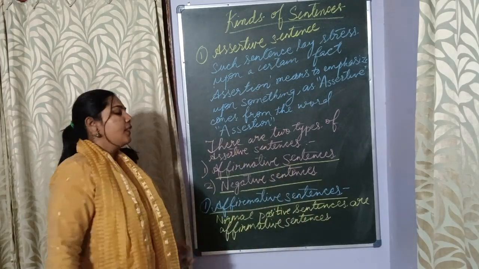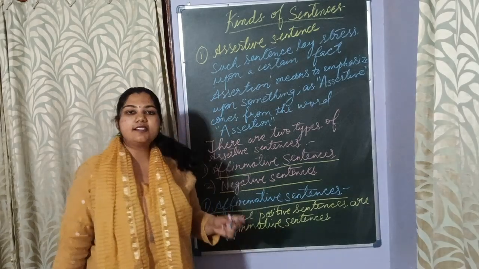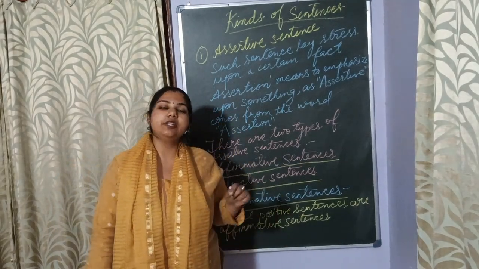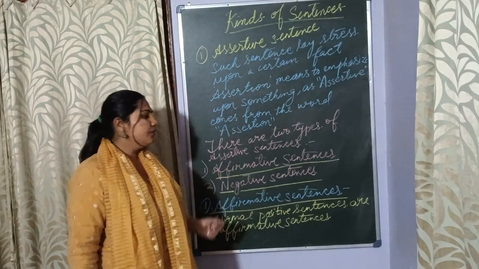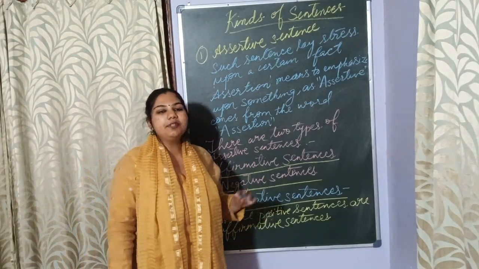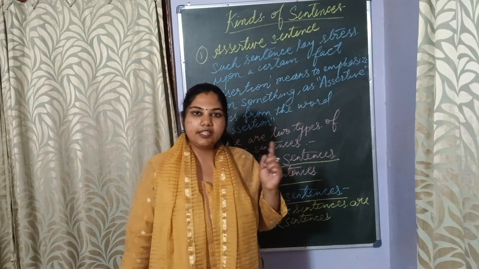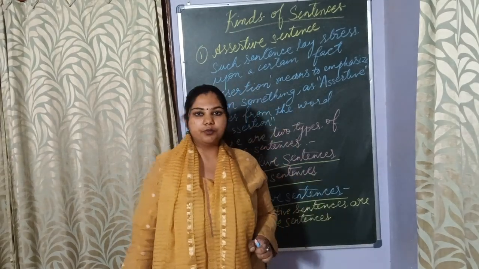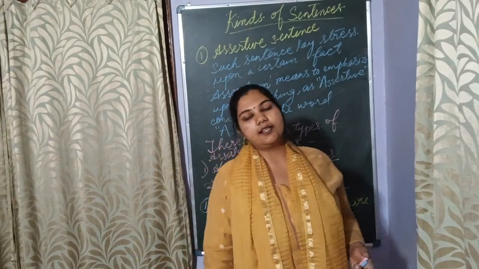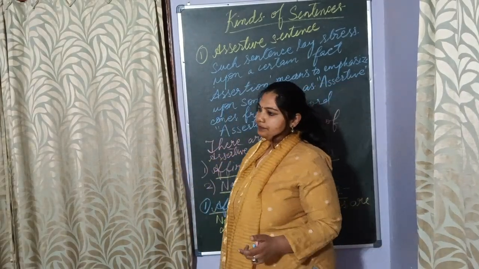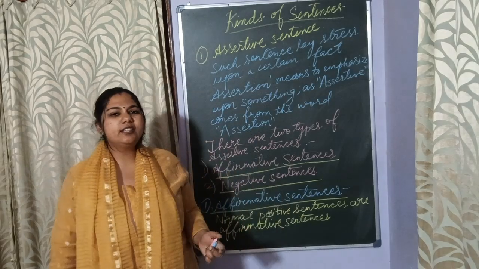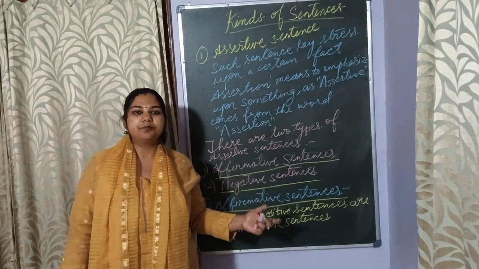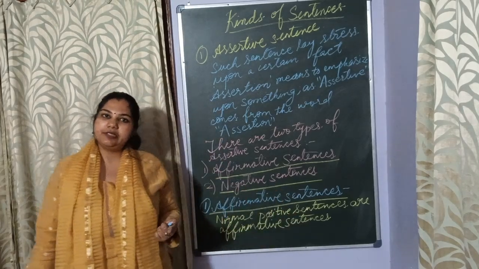Now, as I always emphasize, in my class, students will always participate in a very proactive manner. So now we'll discuss the examples. Let me give you 2 examples, and I want each one of you to write 5 examples of affirmative sentences on your own. So if I have to tell you an example, one would be, Rohit loves to sleep till the afternoon. This is an affirmative sentence.